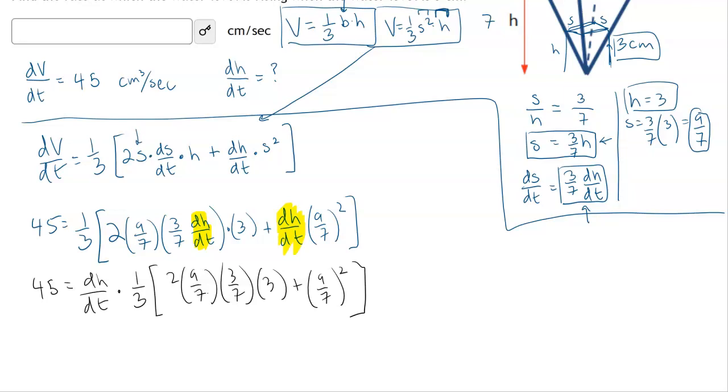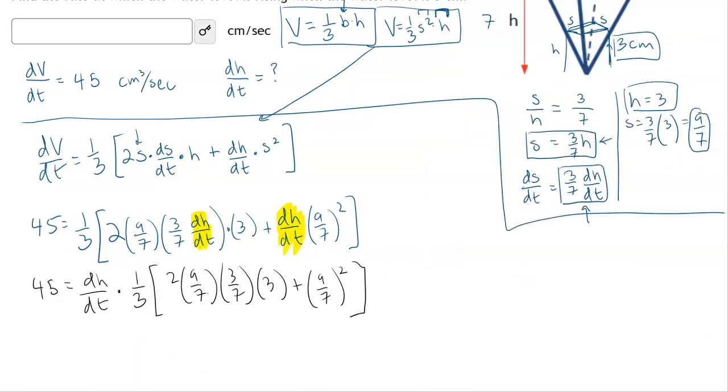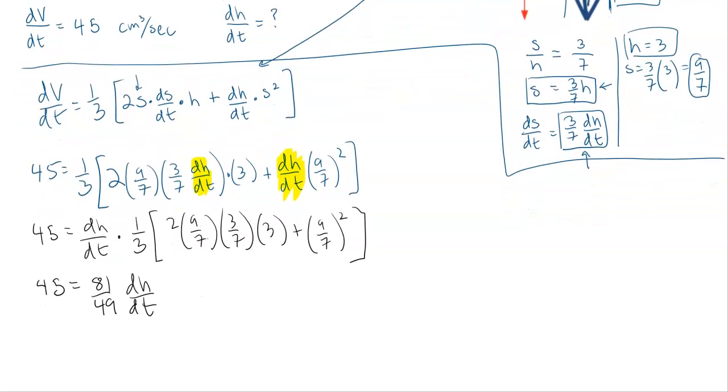So let me multiply all that out on a calculator. Right? So using Desmos, I see I get 81/49. So this would be 45 is equal to 81 over 49 dh/dt. And of course, then to solve for dh/dt, we can just multiply by the reciprocal. So this would give me 49 over 81 times 45 is equal to our dh/dt.